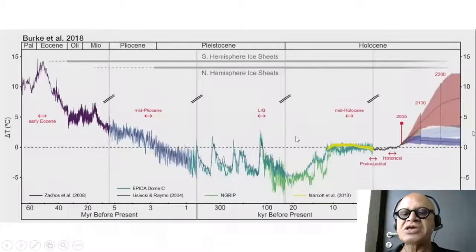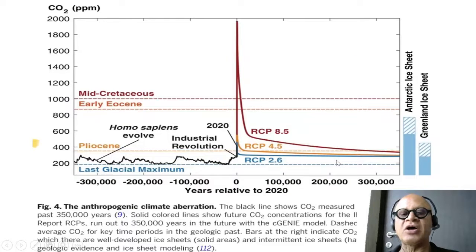So still keeping the context of where we were coming from and how we are jumping out of the long-term cooling that we had talked about, and where we would end up if we went with business as usual with RCP. That would put us way beyond anything we have seen in the last 65 million years. So mid-Cretaceous was here, would be way, way beyond that. Early Eocene was here.